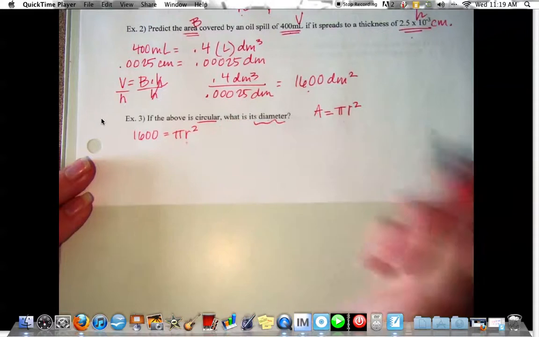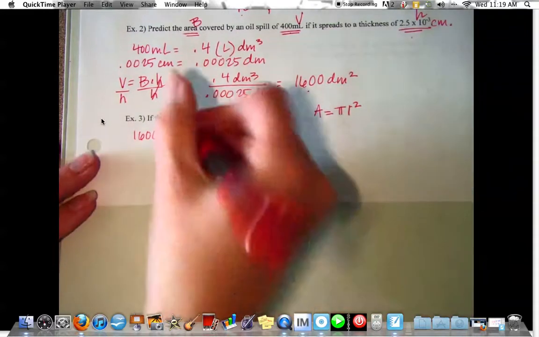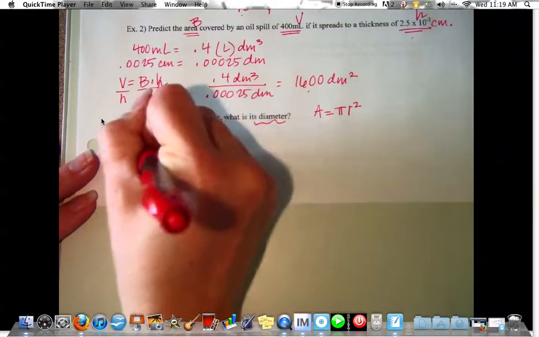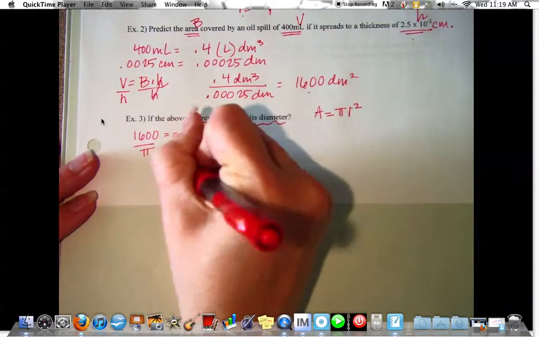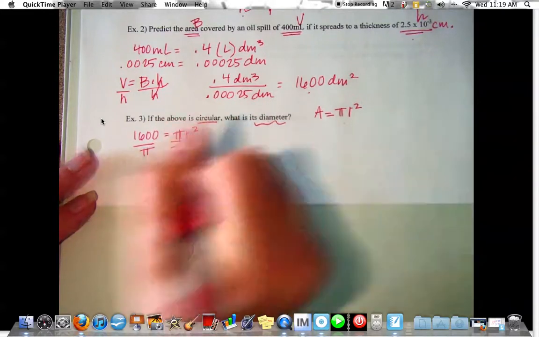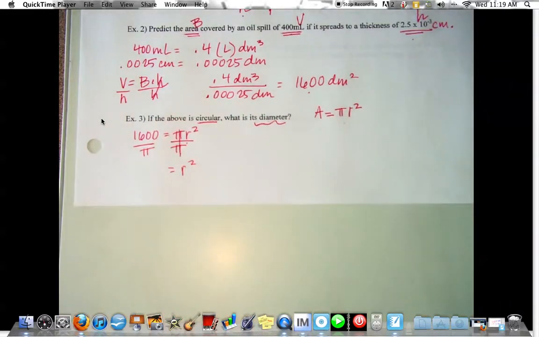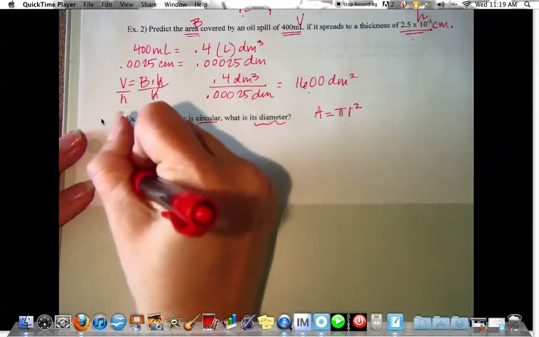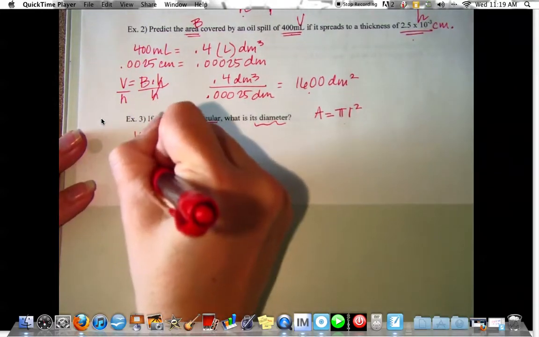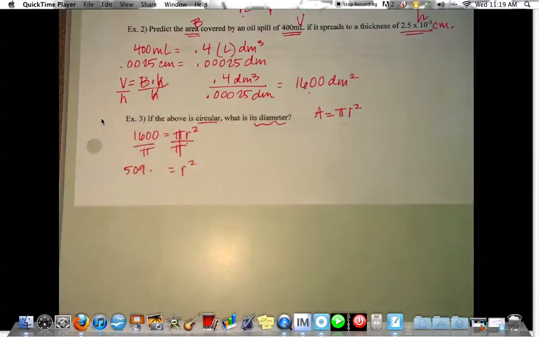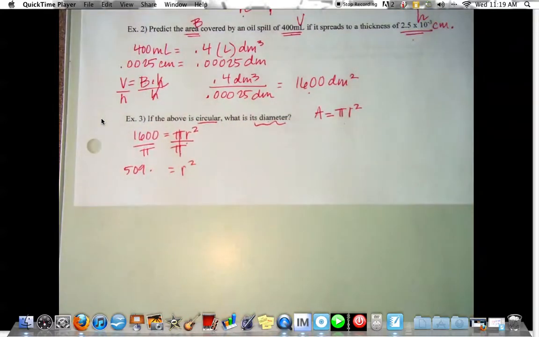Alright, so we need to get the r squared by itself, like the warm-up, divided by pi. So we have r squared equals 1,600 divided by pi. That gives us 509. Depends on if you divide it by 3.14 or the pi key.